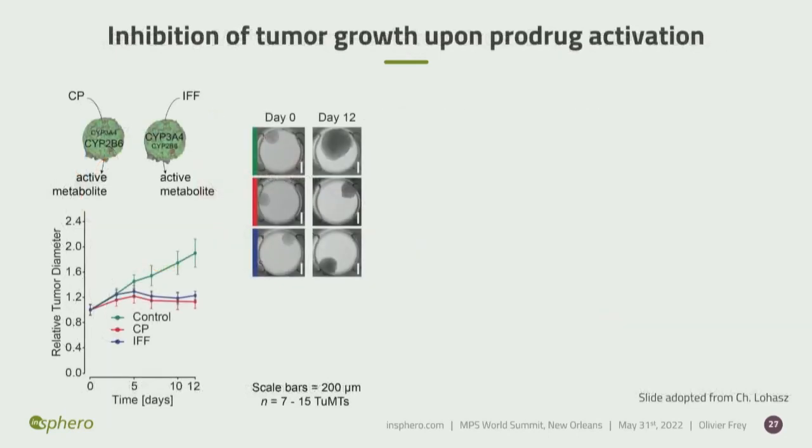And this is exactly what we could reproduce by combining the metabolically active liver model with a growing tumor in the same microfluidic system. And what you can see here is, on the one hand, the control, where you can see that the tumor is directly growing between day 0 and day 12. And if we add the compounds, cyclophosphamide and ifosfamide, we have the stagnation of the growth due to the effect of the metabolic activity of the liver and then the active metabolite that is having a cytostatic effect.